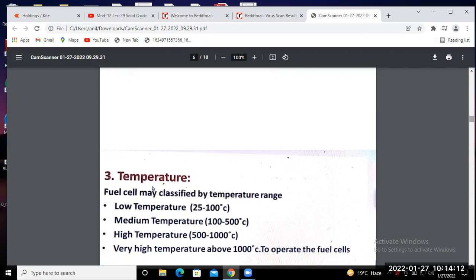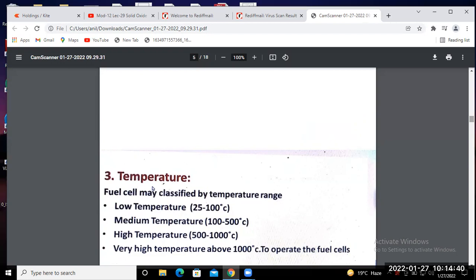So if we talk about the temperature, that is the third one under the classification of fuel cell. We already discussed their fuel and oxidant combination, and second we discussed the electrolytes, and the third one is about the temperature.